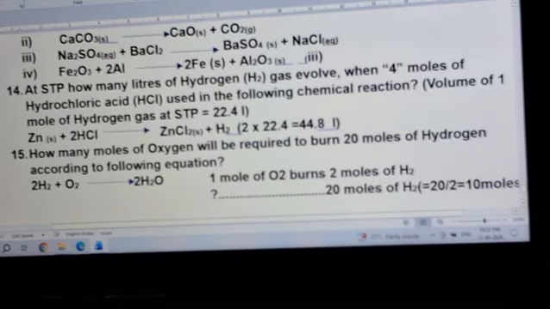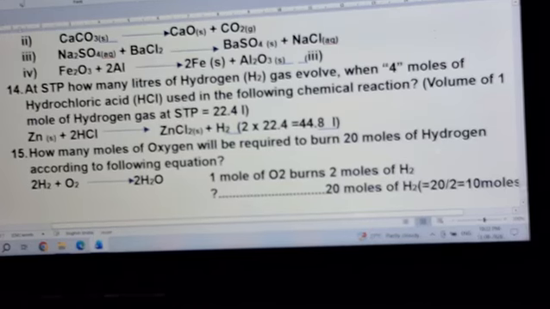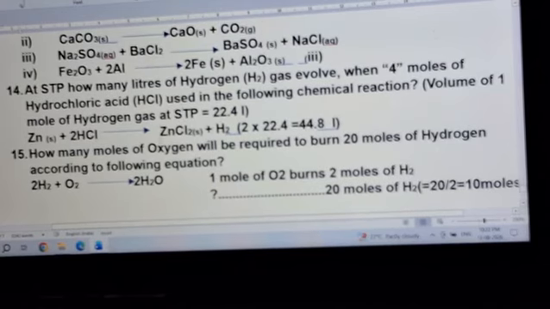Here actually in this chemical equation, 2 moles of HCl are used to get 1 mole of hydrogen. When this is doubled, here also it should be doubled. 4 moles of hydrogen chloride reacting means 2 moles of hydrogen molecules will be liberated. 1 mole occupies 22.4 liters, so 2 moles means 44.8 liters.